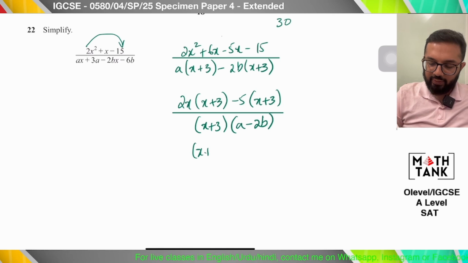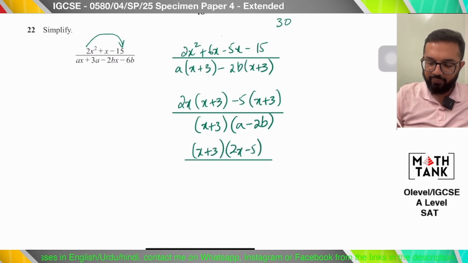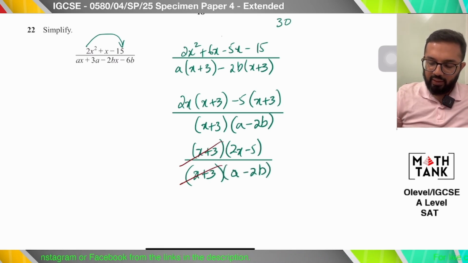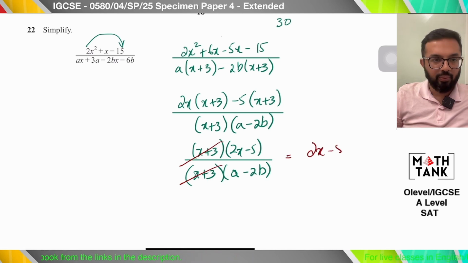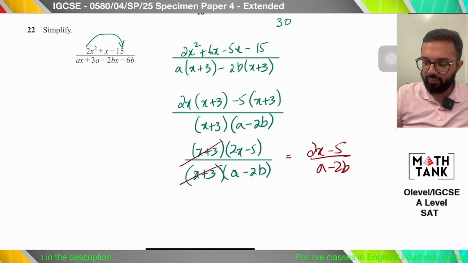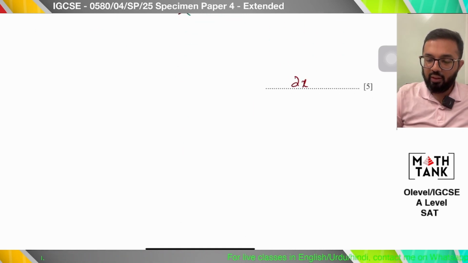So again, I have x plus 3 as a common bracket and 2x minus 5 as a leftover bracket. Okay, so x plus 3 cancels out with x plus 3. I'm left with 2x minus 5 over a minus 2b. That should be my final answer.